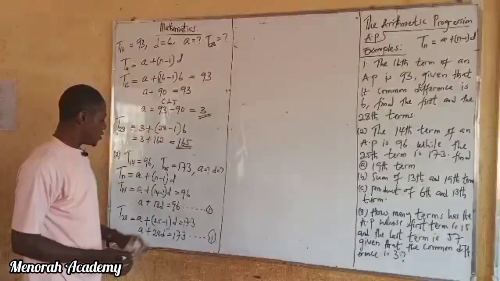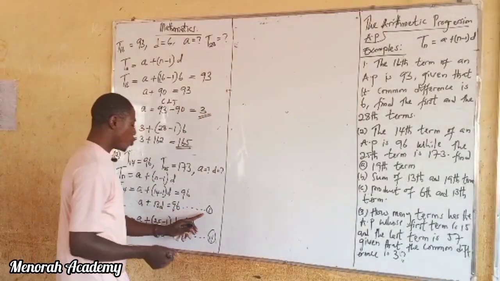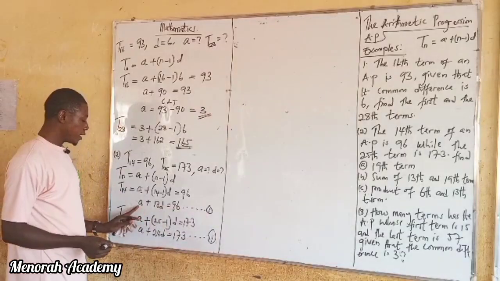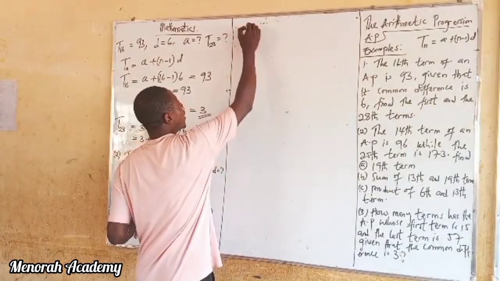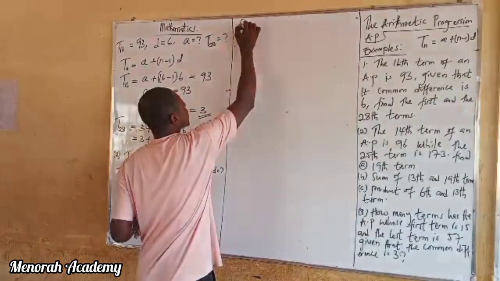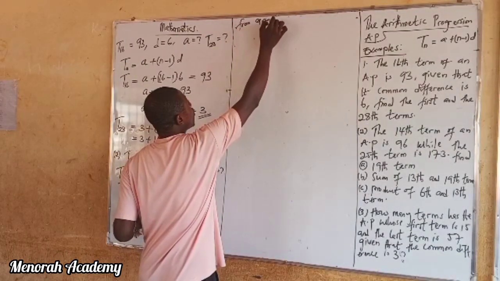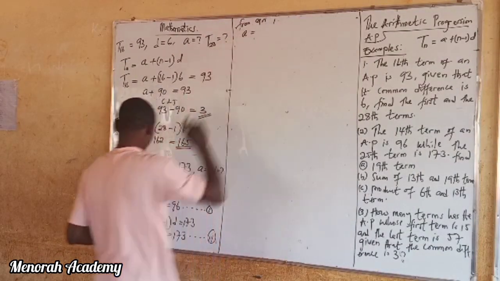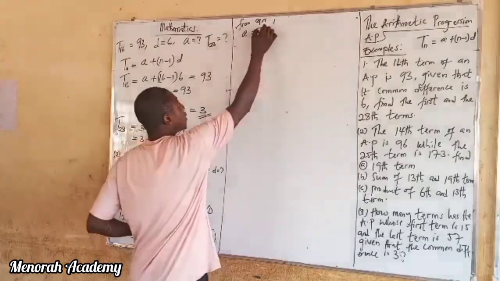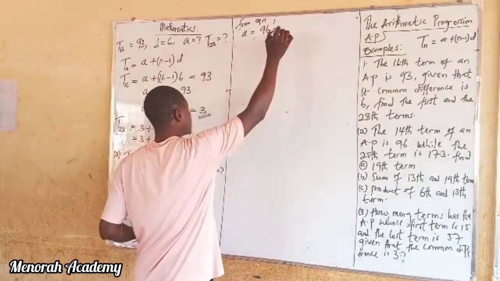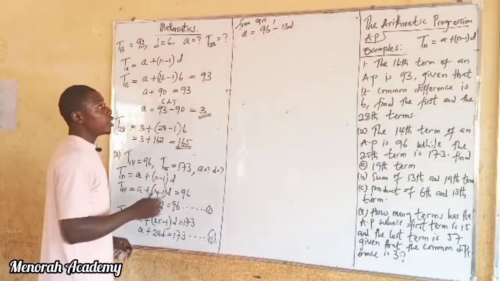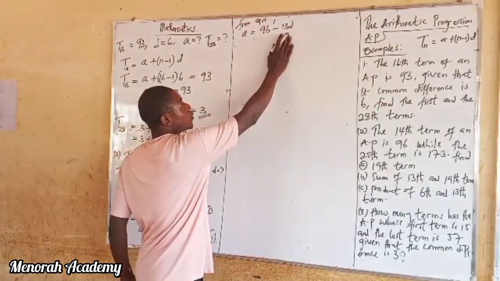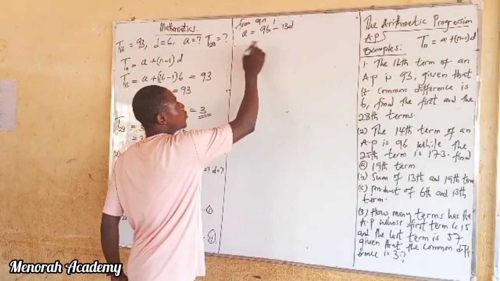Now let's solve simultaneously. From equation 1, make A the subject of the formula. So from equation 1, our A will be equal to 96 minus 13D. If you make A the subject of the formula, then you are going to substitute the value from equation 1 for A in equation 2.